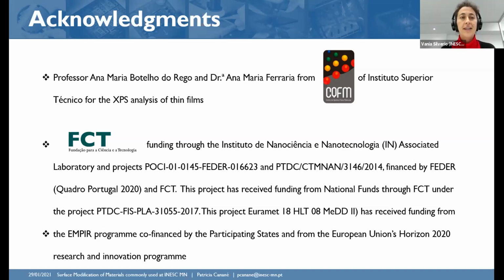Yes, but if I can add, the idea of this analysis is to understand exactly the amount of each of the chemical elements in the sample, and depending on the angle at which you analyze your sample, you can understand if the element is on the surface, a bit below the surface, in the first, second, third, or fourth layer. So it's a way of understanding how the molecule is conformed, if it is laid down.